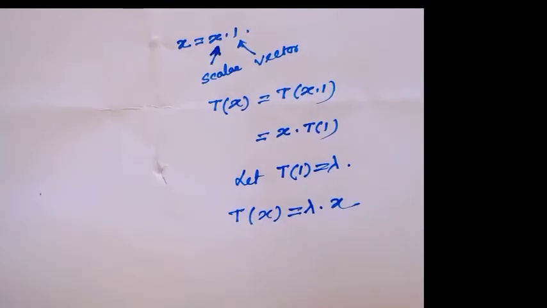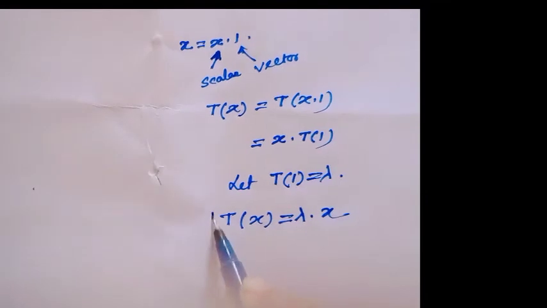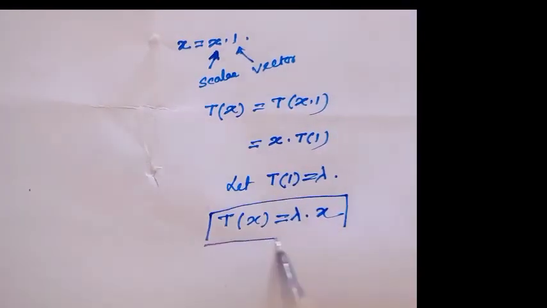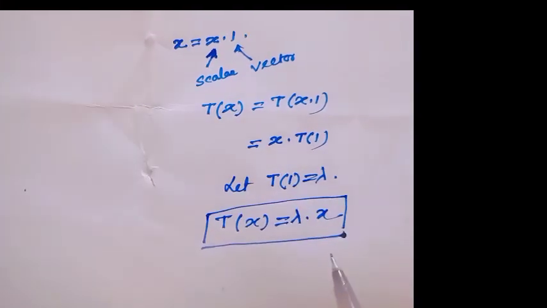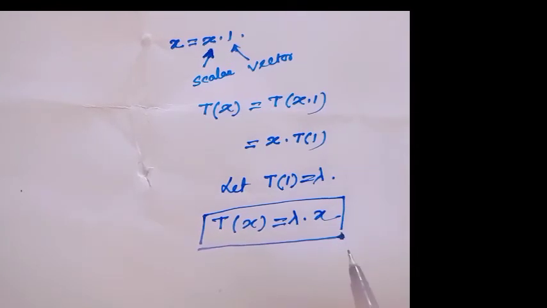Are you getting it? That means our defined function is T(x) = lambda x. Have you understood how we have arrived at the defined function?